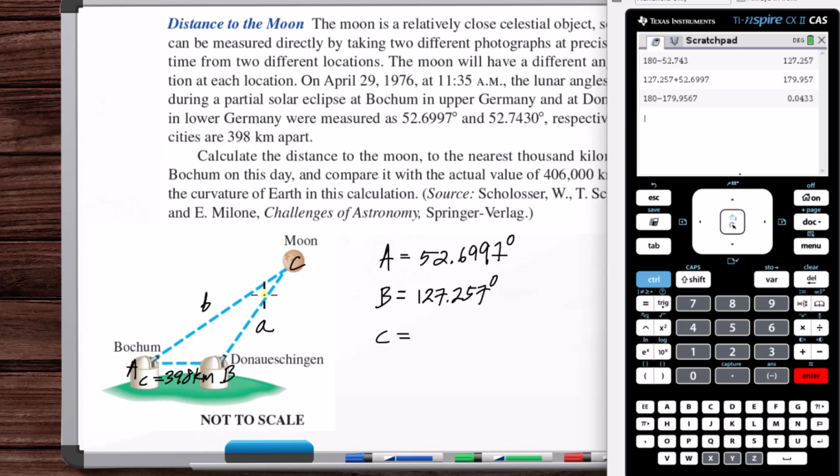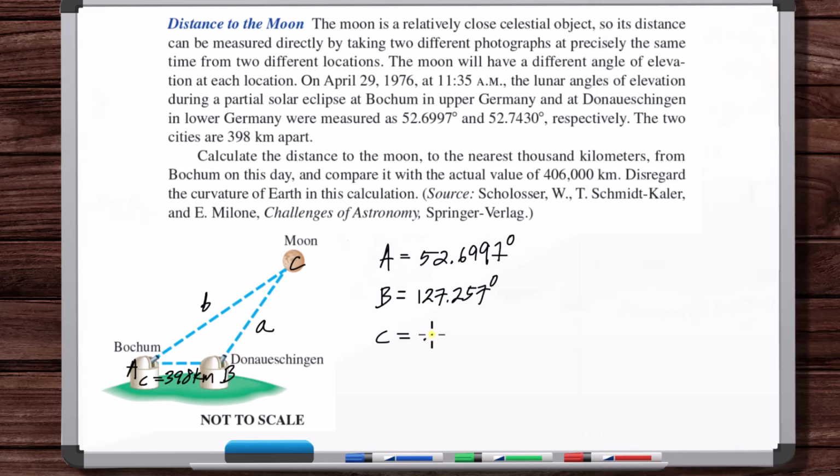It's just drawn this way for illustration. This is a really small angle, which makes sense because the distance from Bochum to Donaueschingen is going to be small relative to the actual distance to the moon, which would mean that this angle is small. So 0.0433 degrees. We're trying to carry as many digits as possible.